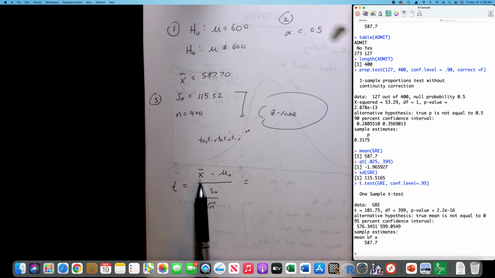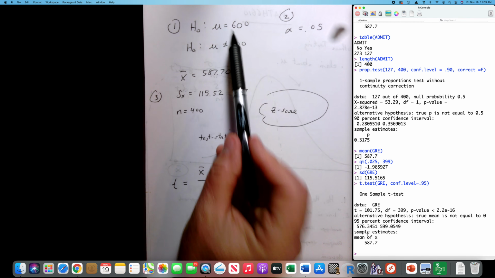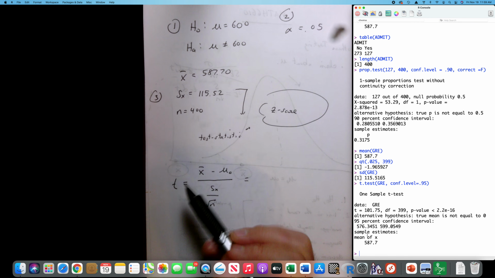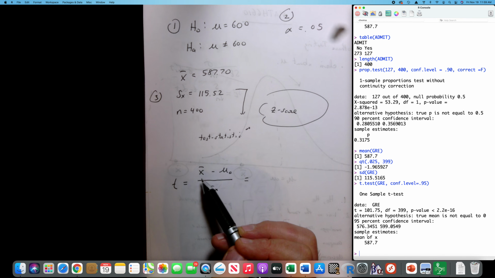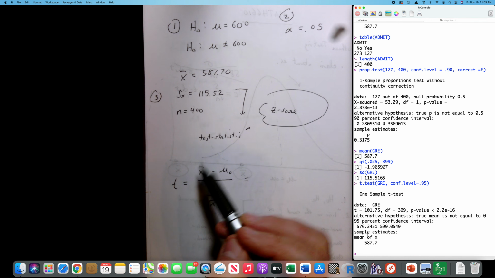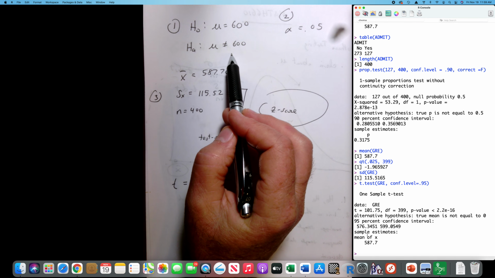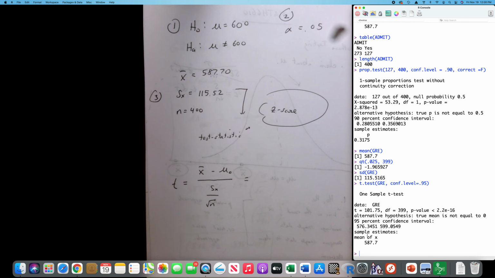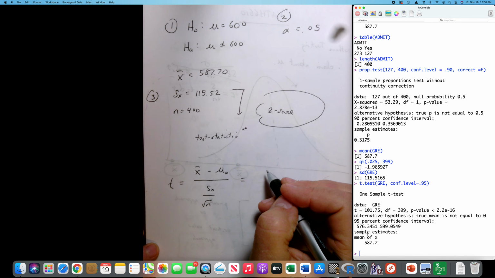If this sample mean is a long way from our claim, mu0, which is 600 in this case, then we conclude logically that it's more likely that this sample was drawn from a distribution with a different mean, and this statement is more believable. So we're really deciding which one of these statements is more believable, not necessarily all the true-false stuff that so many people want to conclude.